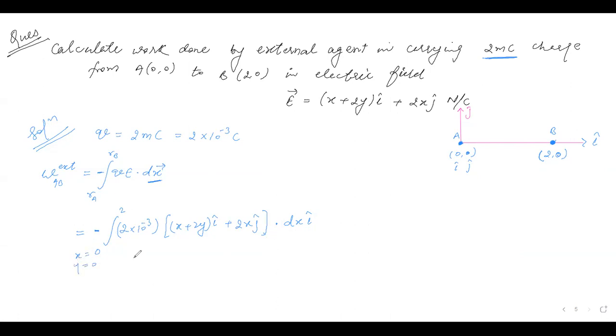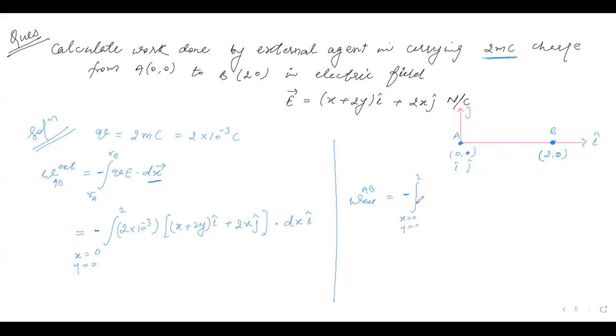Both are 0, right? So again we can write here W external from A to B is equal to minus of, value of x is 0, y is equal to 0.